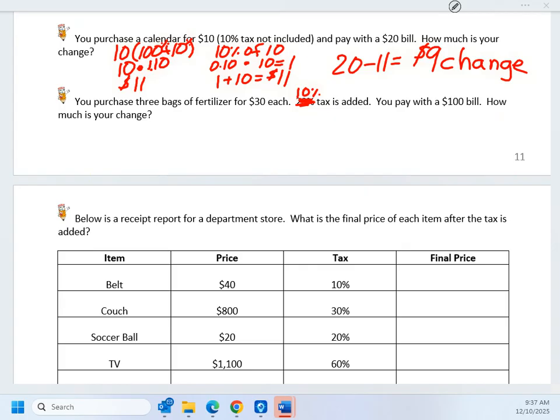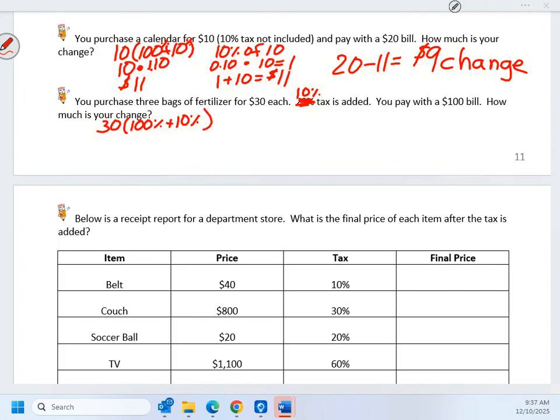Joy. $30 for the 100% times 20%. But remember I said switch it from 20% to 10%. Otherwise we end up with a wonky answer that wouldn't make sense. So we're going to switch that to the 10%.